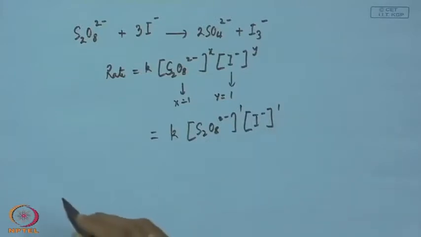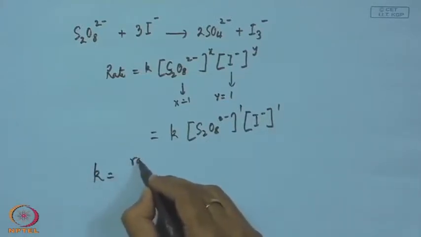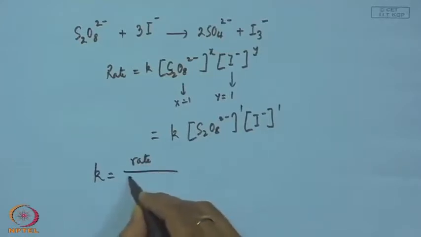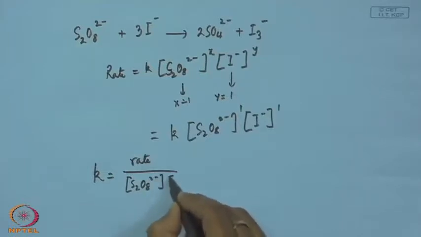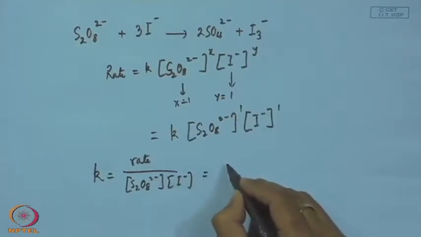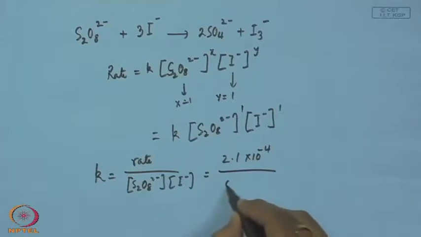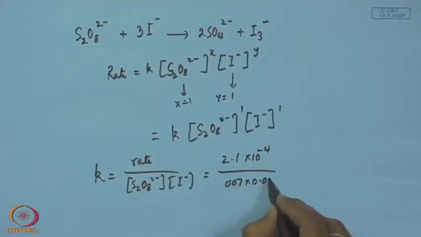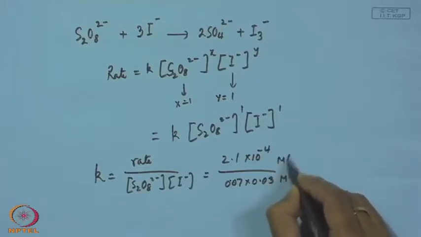And also, k will be equal to rate divided by [S2O8 2 minus] times [I minus]. It is basically 2.1 into 10 to the power minus 4 divided by 0.07 times 0.03, in mole square, and this is mole per second.